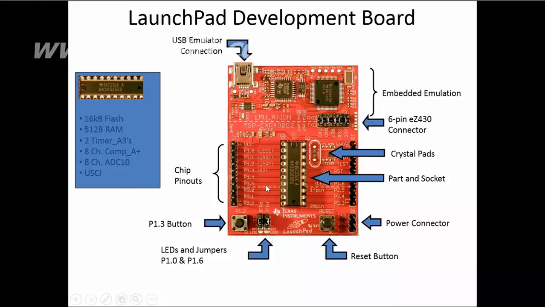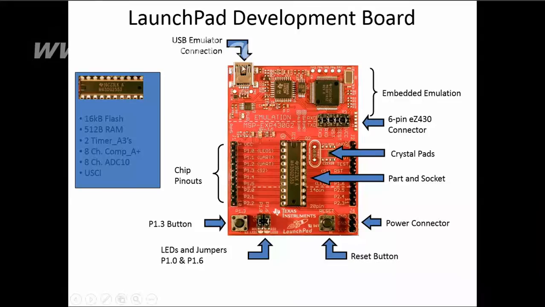So next we come to the USB emulator connection. The USB emulator connection is basically used for connecting your Launchpad development board with your system, that is either your laptop or desktop, when you start coding or debugging your application.